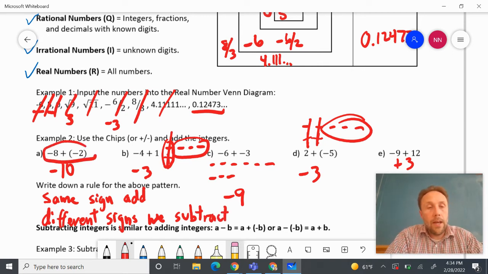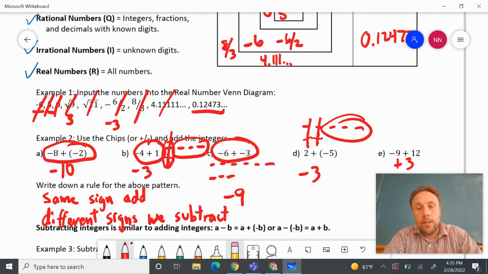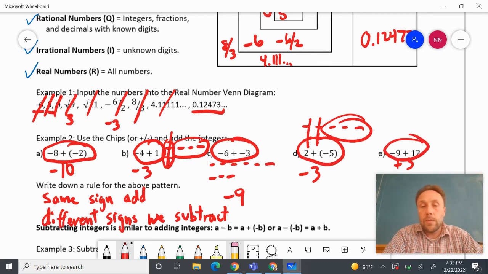Notice we have same signs, we're adding those, different signs we're subtracting, same signs we add, different signs we subtract, different signs we subtract.